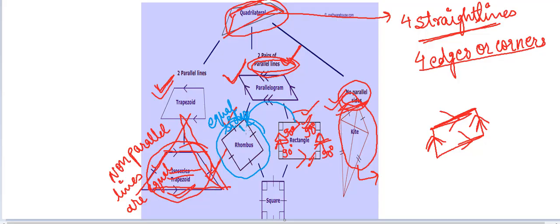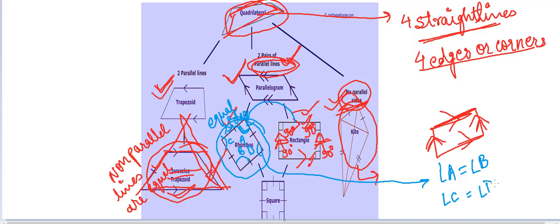So if this is angle A and this is angle B, this is angle C and this is angle D, for rhombus we can write angle A will be equal to angle B and angle C will be equal to angle D. So opposite angles are equal in a rhombus.